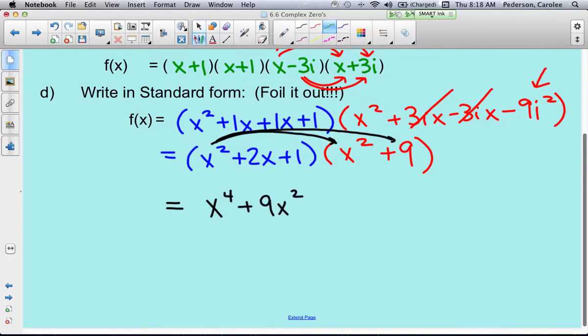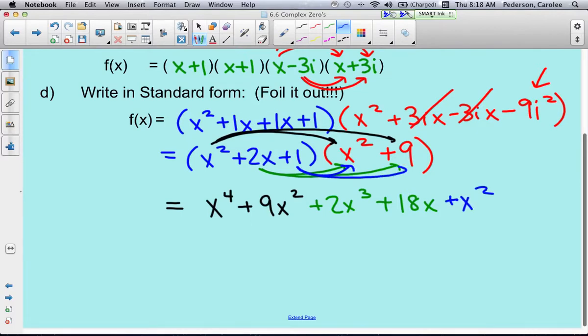And then we'll distribute the 2x to the x squared, which is 2x cubed. And then 2x times 9 is 18x. And then our last distribution is the 1. 1 times x squared is x squared. 1 times 9 is 9.